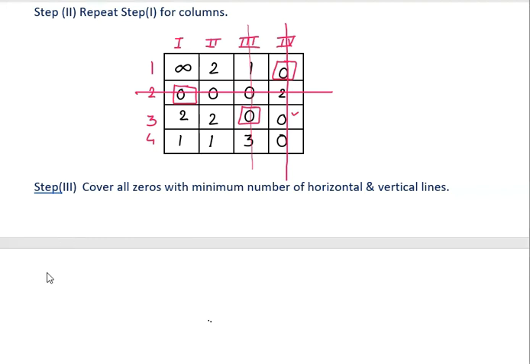So the number of lines are 3, 2 vertical, 1 horizontal, and it is not equal to the order of the matrix.